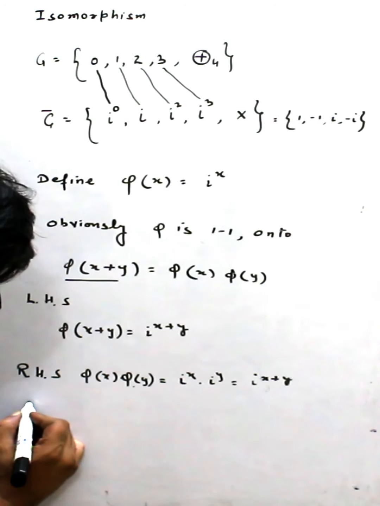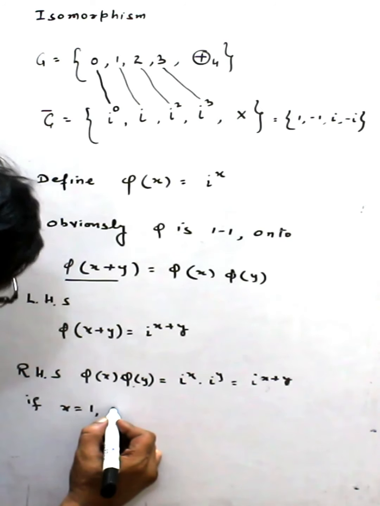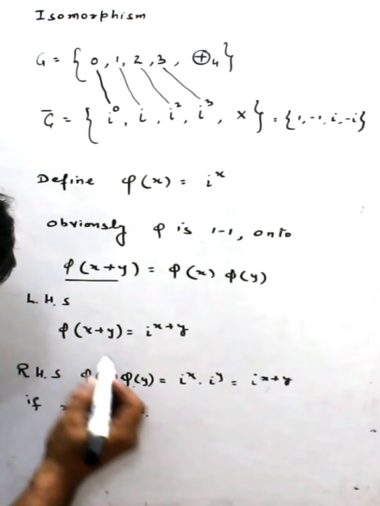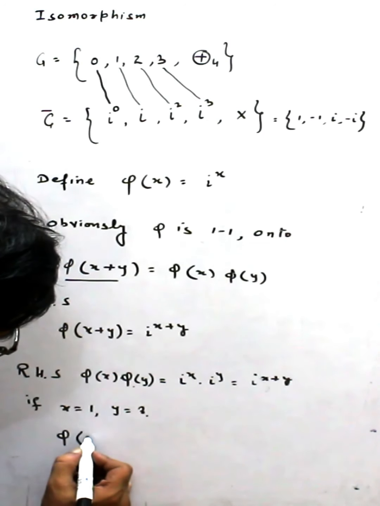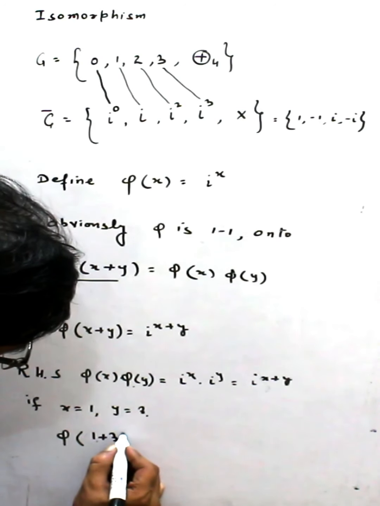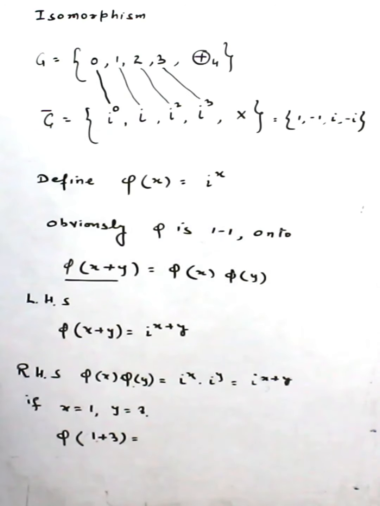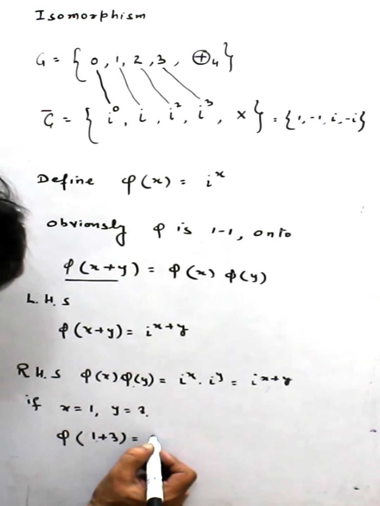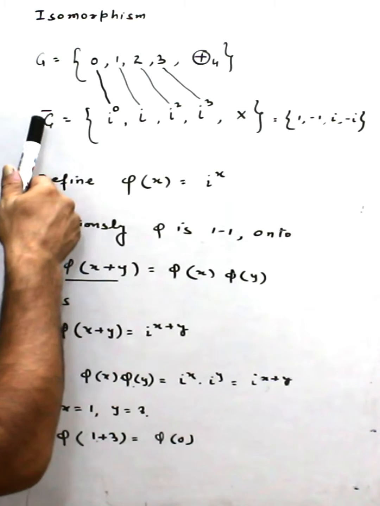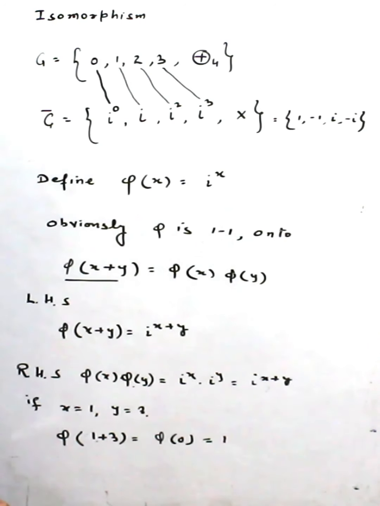If x is equal to 1 and y I take, suppose, 3, then what happens? Left hand side, you see phi(1 + 3), because the operation is addition modulo 4, so this becomes 4, which is 0, and phi(0) goes to 1, right?